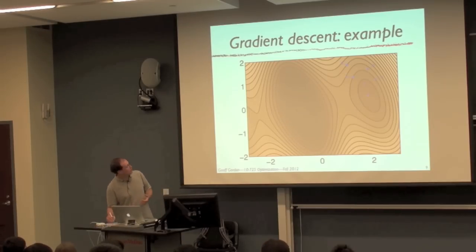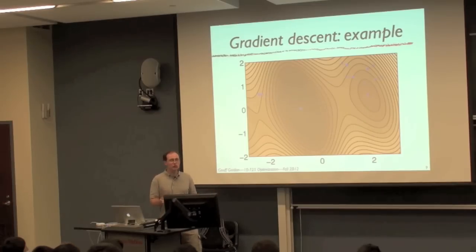So if we had been smart or lucky enough to initialize gradient descent there, where the gradient is pointing maybe that way, I will bet that it will eventually get us to this global optimum right there by some path.